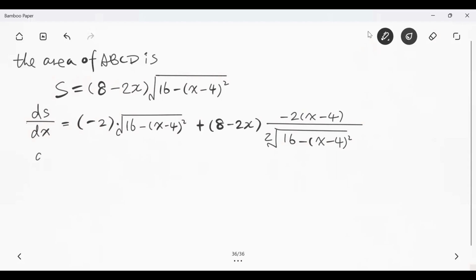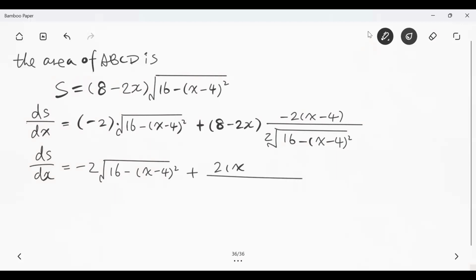Simplify that, dS over dx is -2 times the square root of 16 minus (x minus 4) squared, plus the second term, 2(x minus 4) squared over the square root of 16 minus (x minus 4) squared, for the maximum area.